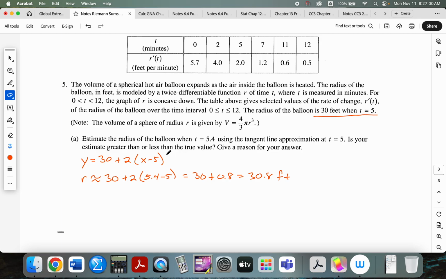Is your value greater than or less than the true value? Well, it tells us that r is concave down. If r is concave down, we draw a tangent line anywhere. What do you notice about the tangent line? Is it above or below the graph? It's above the graph. So this is our tangent line, and this is y is equal to the radius.